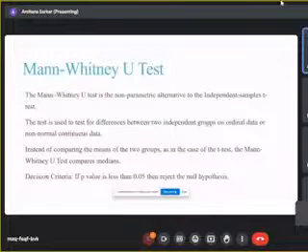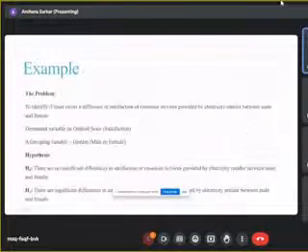To understand this, I have taken one example. The problem is to identify whether there is a difference in satisfaction with customer service provided by the electricity retailer between males and females. I am continuing with the same example.